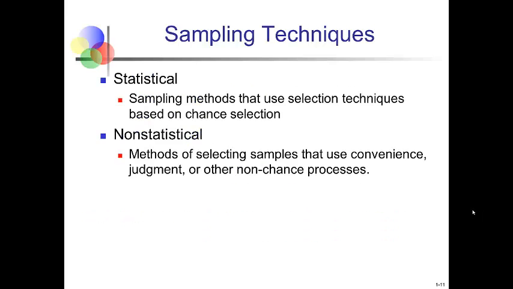So sampling techniques, or sampling method, really. This is actually how we're going to pick the sample from the population. In other words, who are we going to ask these questions to that we want the answers from? There are two general categories of techniques. There's statistically based techniques.